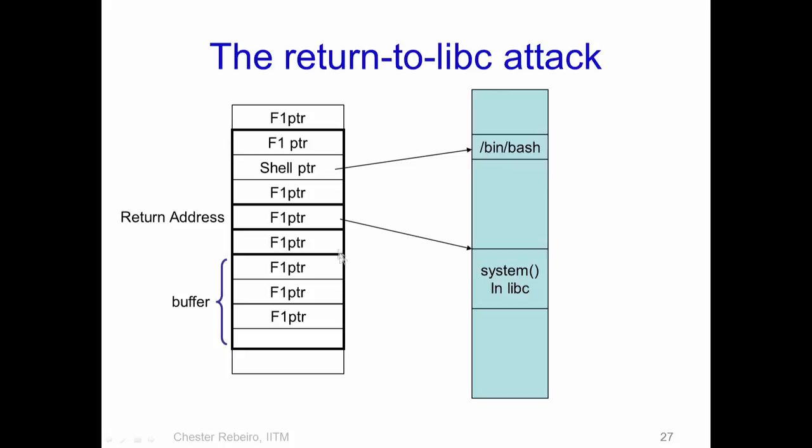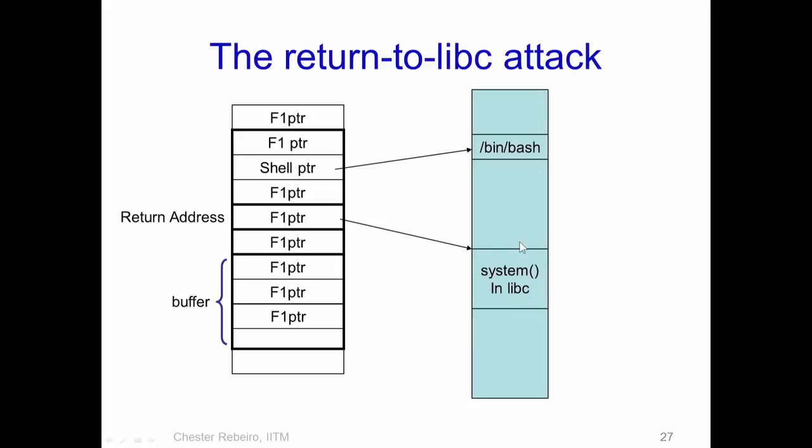So, once this is done, when the function returns, instead of returning to the valid address, it is going to cause the CPU to execute this particular system. Now, during this process also the pointer to this particular shell /bin/bash would be considered in the system call, and it would result in a shell being formed.